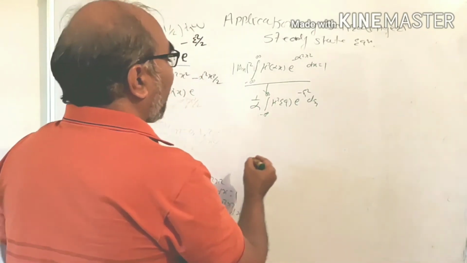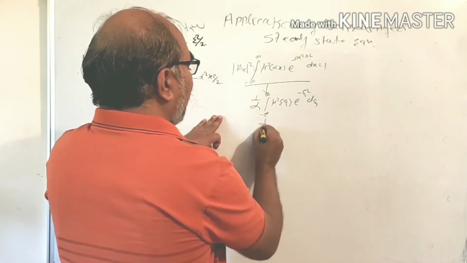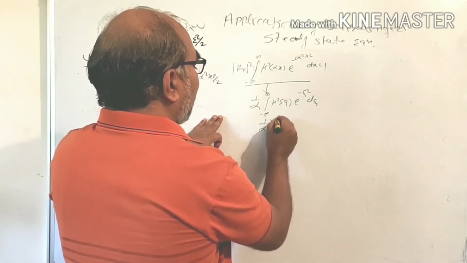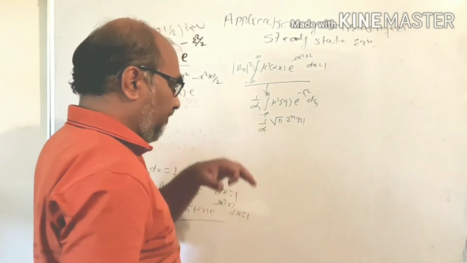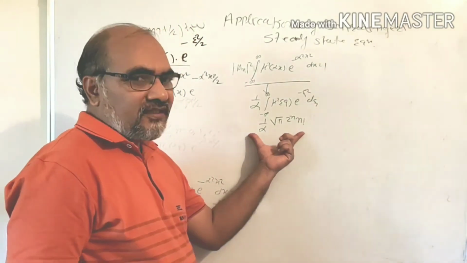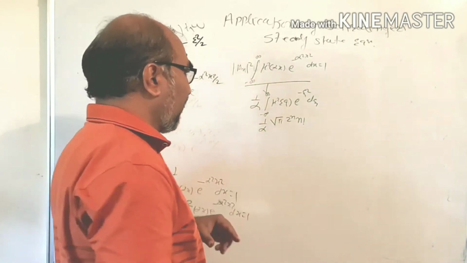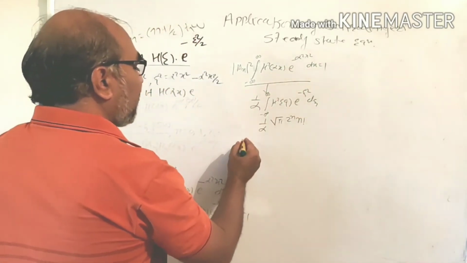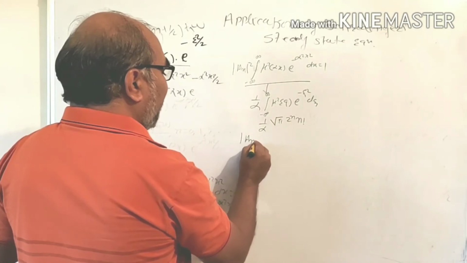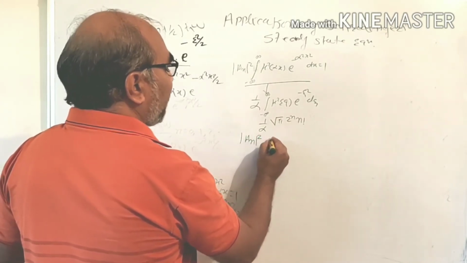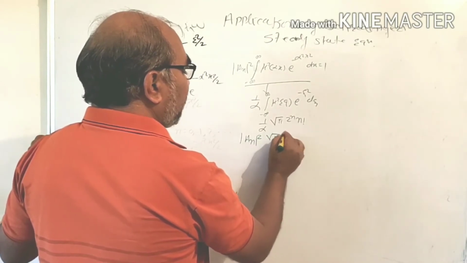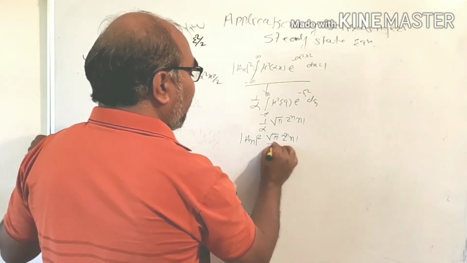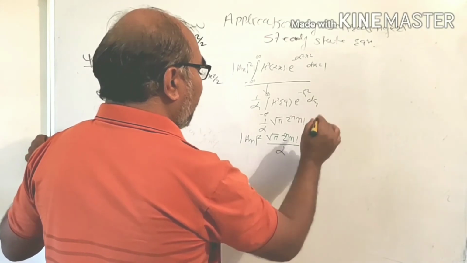The value of this integration is root pi 2 raised to n factorial divided by alpha. This is the standard integration, so putting it here, it becomes mod An square root pi 2 raised to n factorial by alpha is equal to 1.